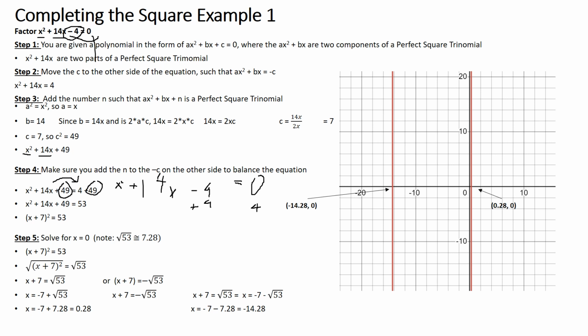And now I've got x squared plus 14x equals 4. And since I can do this in algebra, because again, algebra means balance, to do one side, I've got to do the other. I'm going to add 49 here.